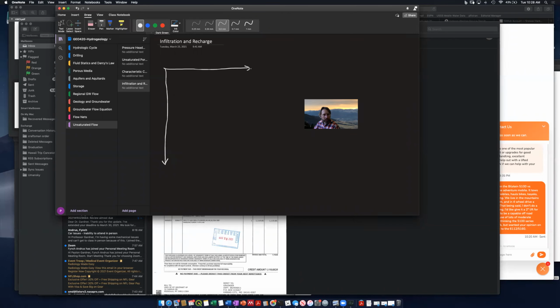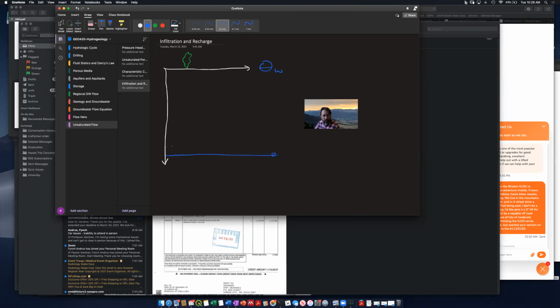And I'm going to plot, there's a little tree to put it on our land, so we know this is the top here. And I want to plot the volumetric water content in our soil. And down here at some depth Z is my water table.